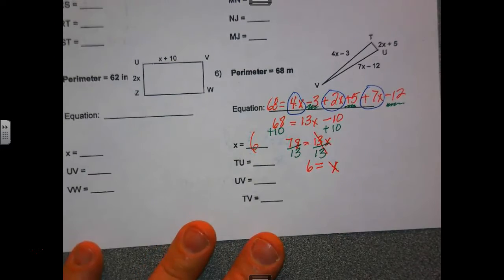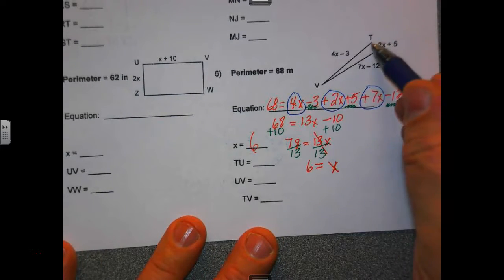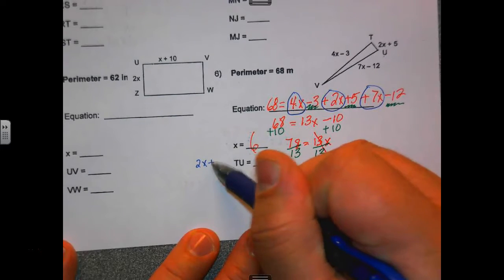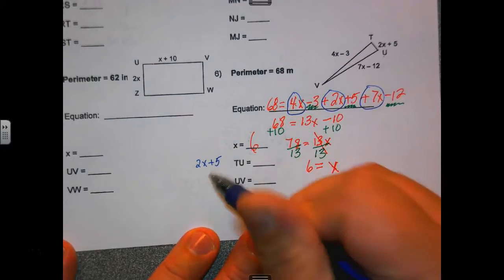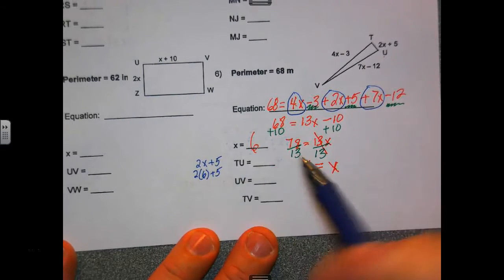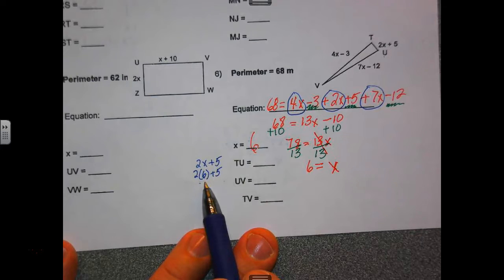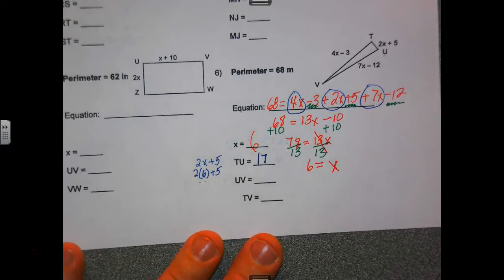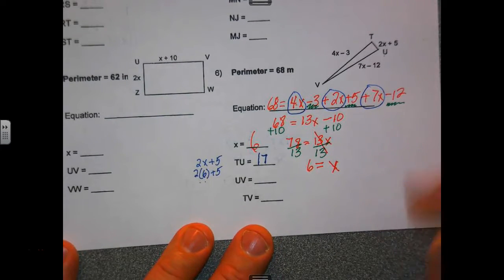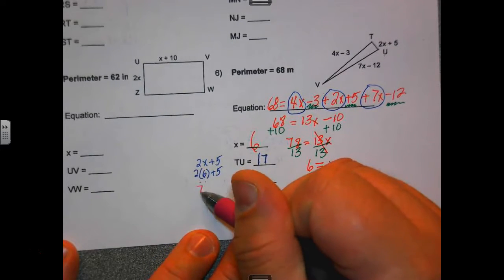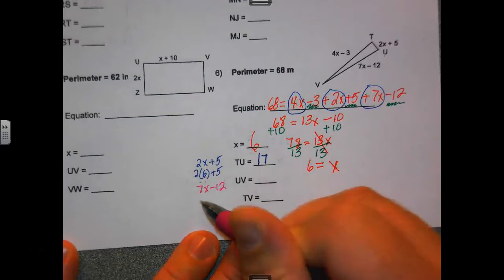Okay, side TU. TU is 2x plus 5. I know x is 6. So I got 2 times 6 plus 5. 2 times 6 is 12 plus 5, 17. Good. UV. UV is 7x minus 12. x is 6.